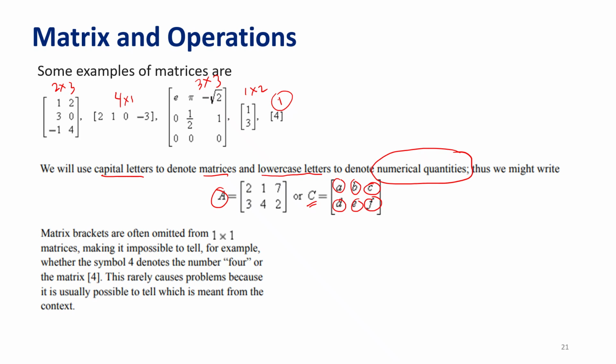Matrix brackets are often omitted for a 1 by 1, like this one is sometimes rewritten as just 4, making it impossible sometimes to tell whether it's the number 4 or the matrix 4. This really causes a problem, but we can understand it by its context.